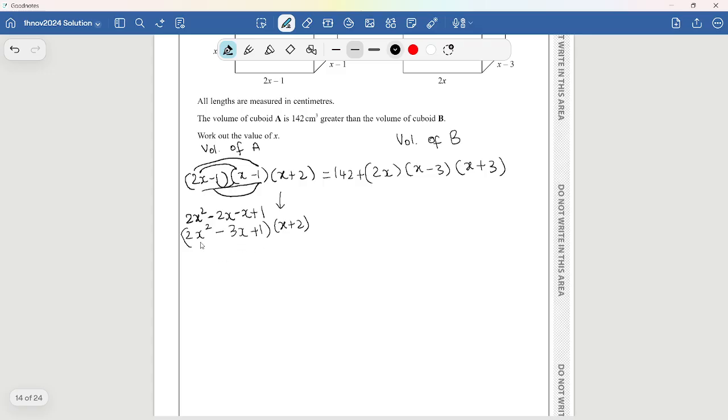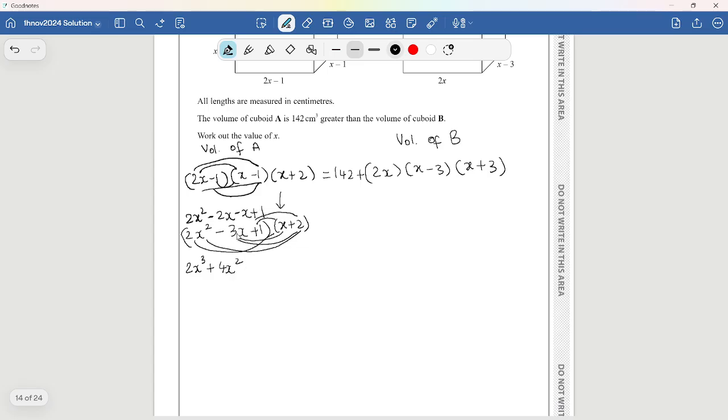Now again following the same thing, I will multiply out everything here, this with this term, this with this, and this with this term, and this 2 will be multiplied. Starting from here, 2x squared times x will be 2x cubed. 2x squared times 2 will be 4x squared.